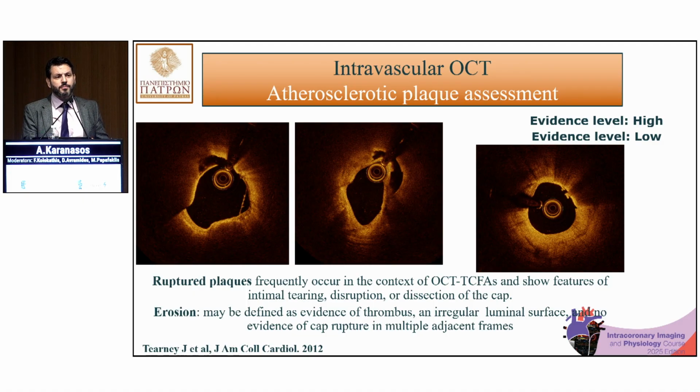On the other hand, we can actually detect erosion, but not in the typical way that we have learned from histopathology. Histopathology sees an endothelial denudation. OCT does not have the resolution to see endothelial denudation, but we can say that we have erosion when we see some thrombus attached to the fibrous plaque in the absence of a rupture.